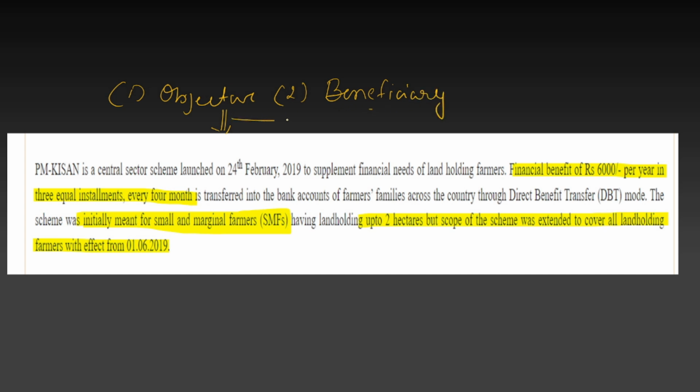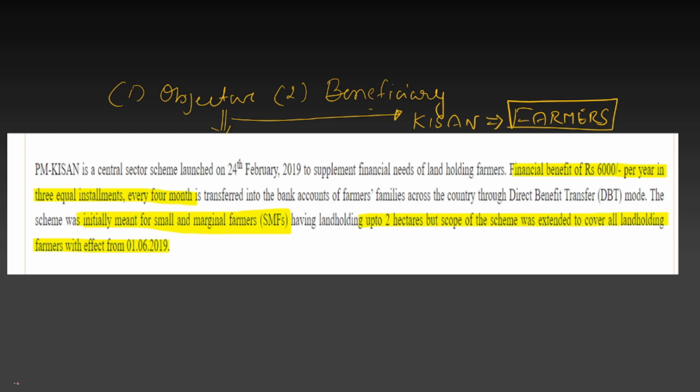They will target an objective, and to accomplish that target you need a set of beneficiaries. For example, this Kisan Samman Nidhi is targeting farmers. The objective is improving the dignity of the farmers, so the beneficiary is farmers.